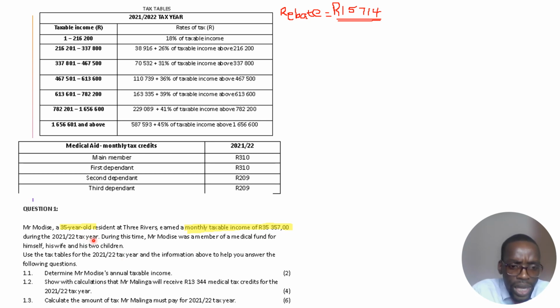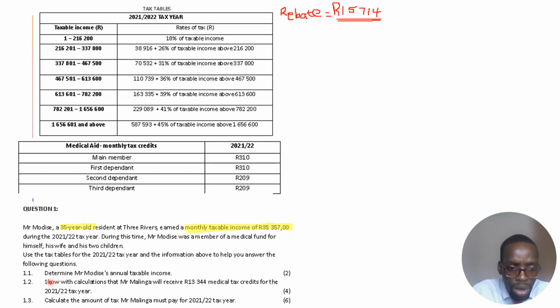We are told that during this time, Mr. Modise was a member of a medical fund for himself, his wife, and 2 children. Use the tax tables for the 2021-2022 tax year and the information above to answer the questions that follow.